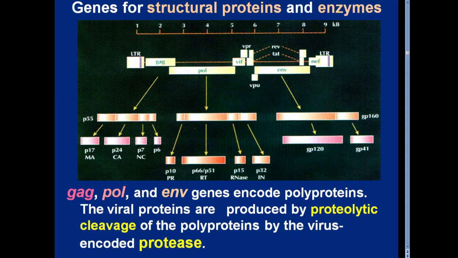Three main structural genes are present in the genome: GAG, POL, and ENV. The viral proteins are produced by proteolytic cleavage of the polyproteins by the virus encoded protease, with primary synthesis of a long polypeptide, which is later cleaved by viral protease into structural proteins.